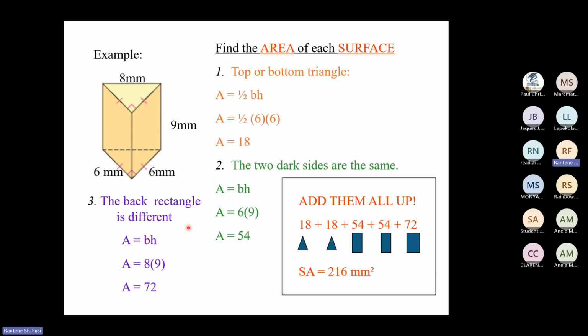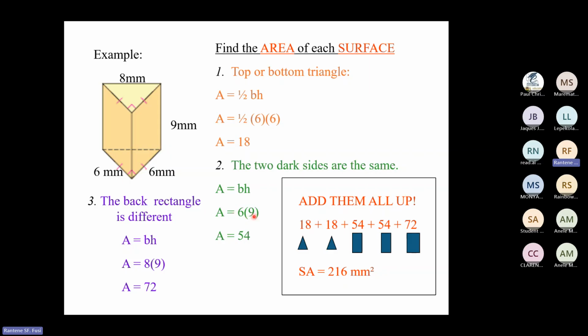So if we have to calculate the area of that rectangle, 8 multiplied by 9 is 72. Now, these two that are the same, we can calculate one and just multiply by 2. So here we will have the area of this one to be 9 multiplied by 6.